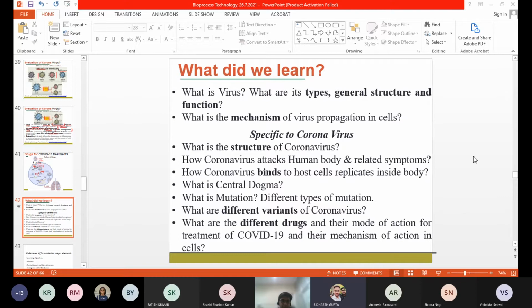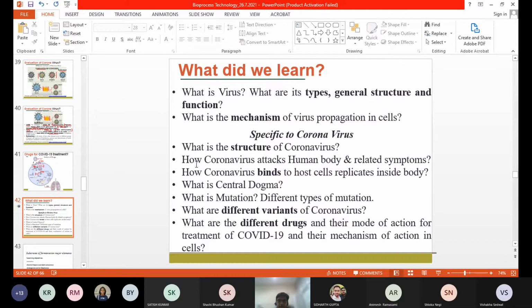Spherical protein spikes protruding on the surface. Okay, so you have a crown-like structure. Yes, so you have the spherical RNA and protein, and you have the spike proteins, and it looks like a crown-like structure that altogether gives it the name coronavirus.